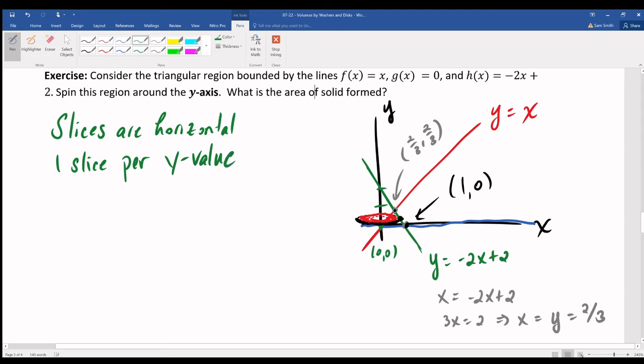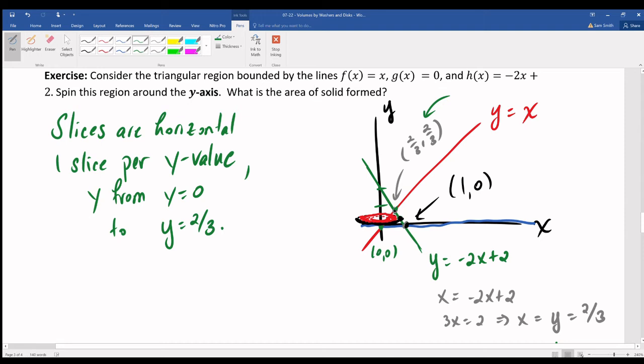Each y value in this region is going to give me a different washer-shaped slice of this solid of revolution. The lower y value is y equals 0 at the bottom of the region, and the y value at the top of the region, y equals 2/3, is the uppermost y value.